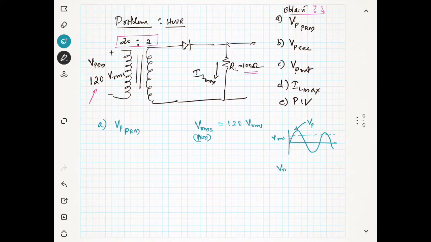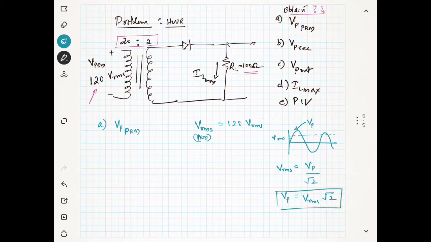Vrms is equal to Vp by square root of 2. So if you want to find the Vp, you have to multiply the Vrms by square root of 2. So this is the formula.